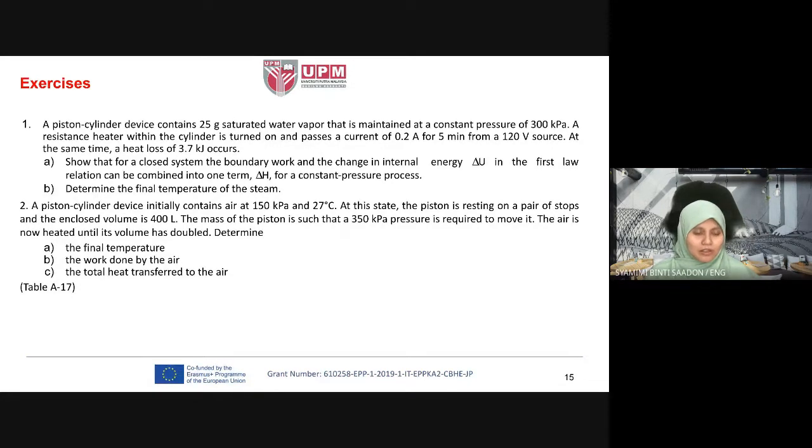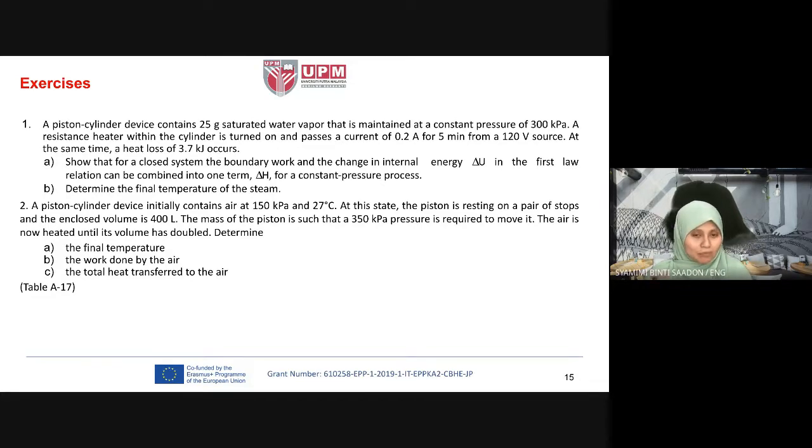Usually you try to name first. For example, 150 kilopascal is what? Pressure at which point? Initial, right? So write it P1, 150 kilopascal. Just rewrite and rearrange all the values so that you can see clearly the problem, which values you have, and which you don't have that you need to calculate or derive from the equation.